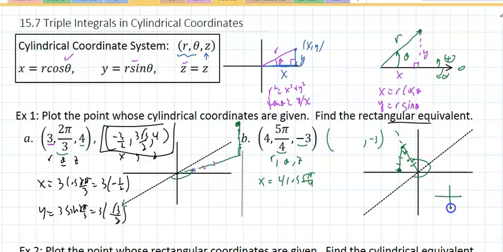Remember, in this quadrant they're both negative, so that's 4 times negative radical 2 over 2, that's negative 2 radical 2. That is negative 2 radical 2, negative 2 radical 2, and negative 3. So this is the same location using x, y, and z.